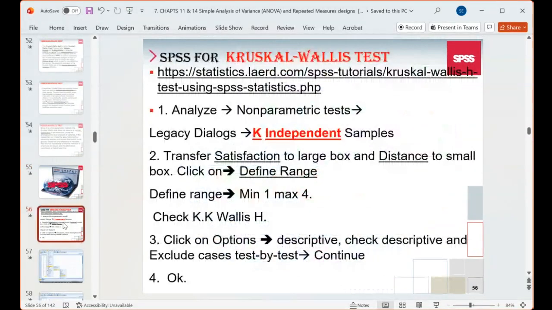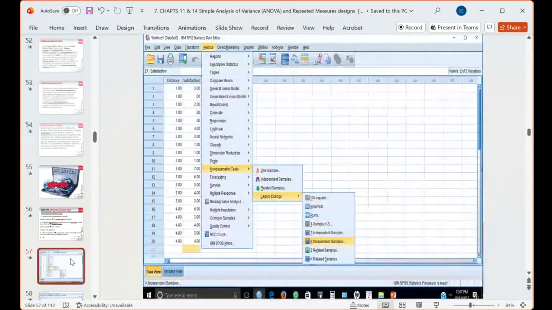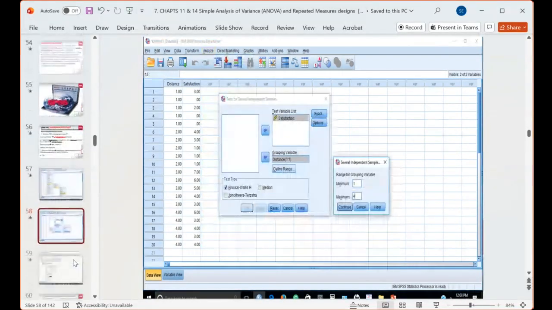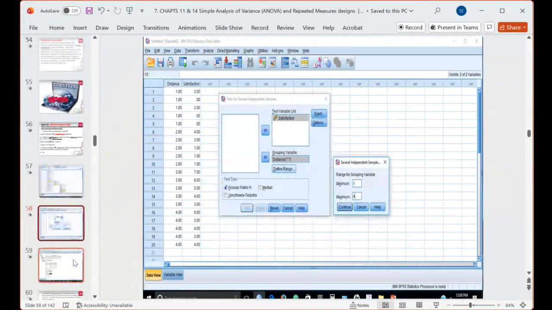And the way we do it, once again, here are the steps. Simply, you go back to your input, the data that we put in. This time you go to Analyze, Nonparametric Tests, Legacy Dialogs, and K Independent Samples.